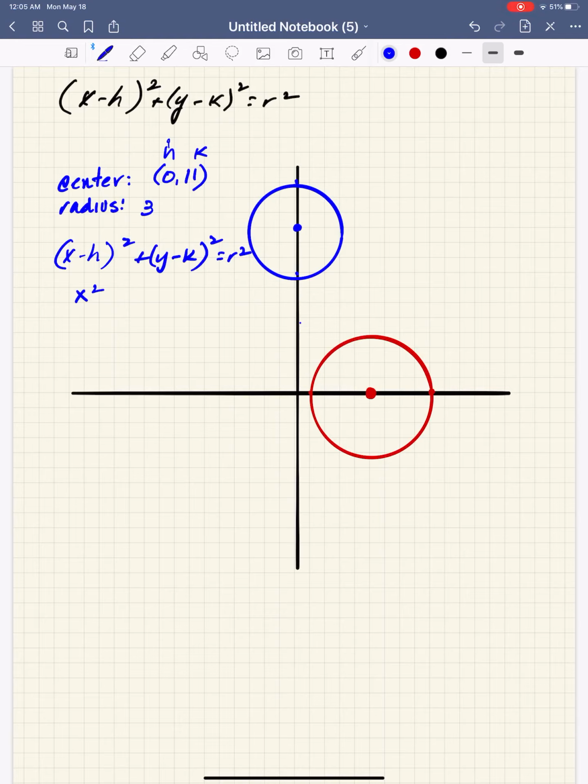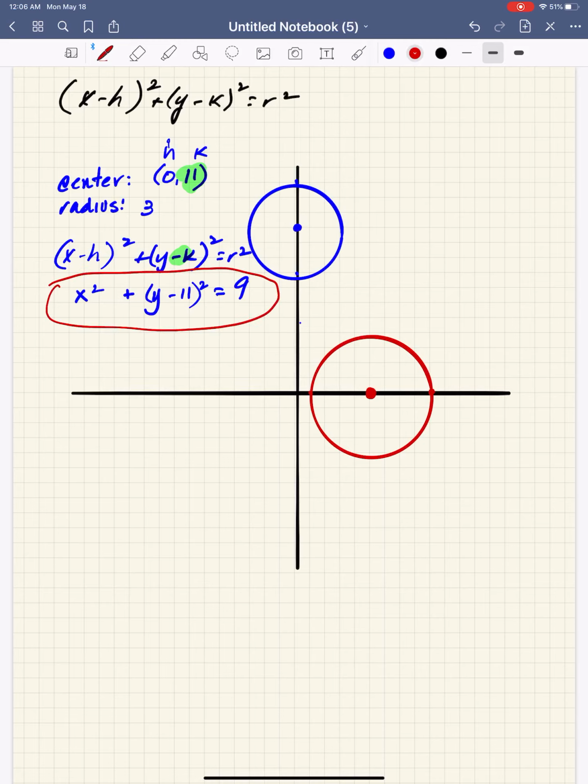So I'm just going to leave it at x squared plus y, and I'm going to put minus 11 here. The reason for that is, once again, you can see that I have an 11, but since I'm attaching the negative to it, it changes the sign to negative 11. And that's going to equal 3 squared, which is really 9. And so that would be your answer.